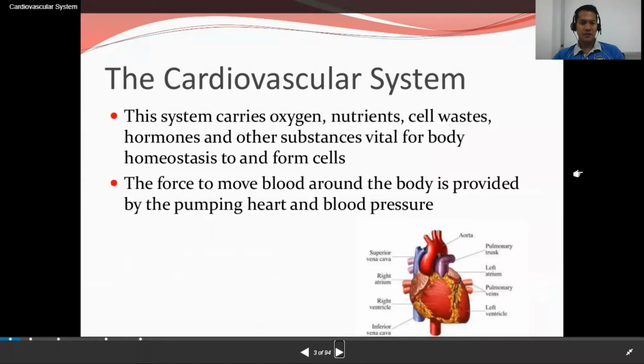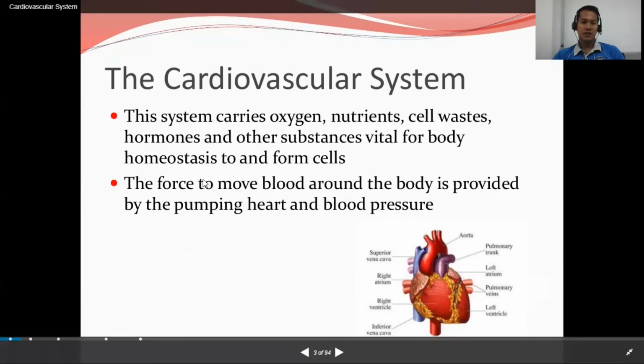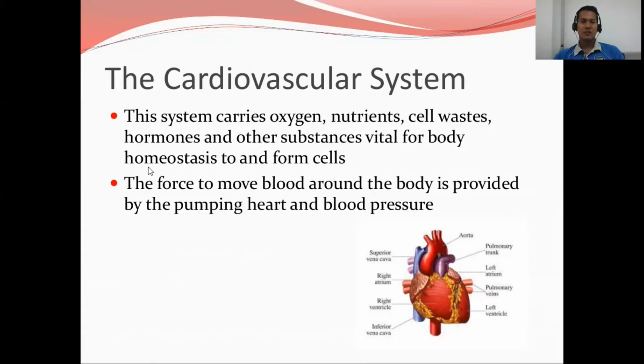This system carries oxygen, nutrients, cell waste, hormones, and other substances vital for body homeostasis to and from the cell. So homeostasis means maintaining the balance in our body.